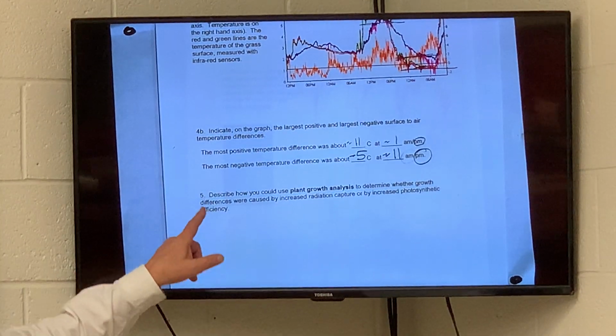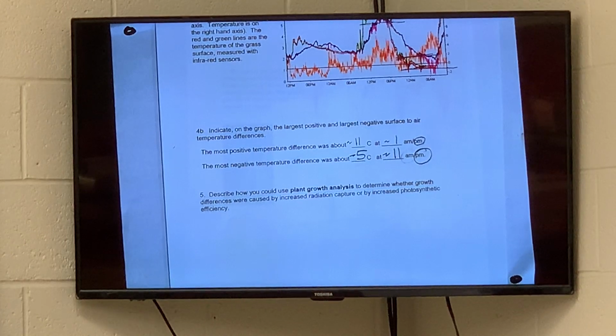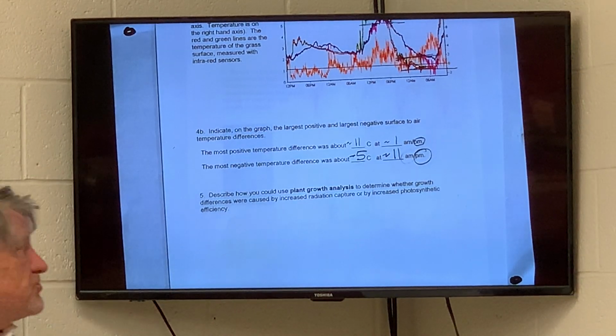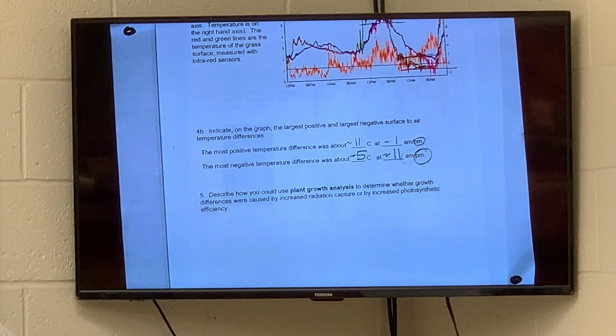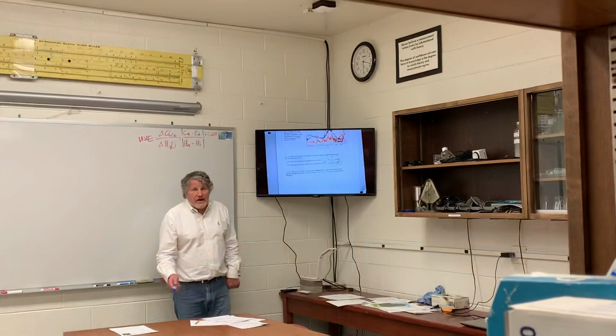Number 5, how would we use plant growth analysis to see if differences are caused by radiation capture or increased photosynthetic efficiency? Now this is something we do all the time in this lab.